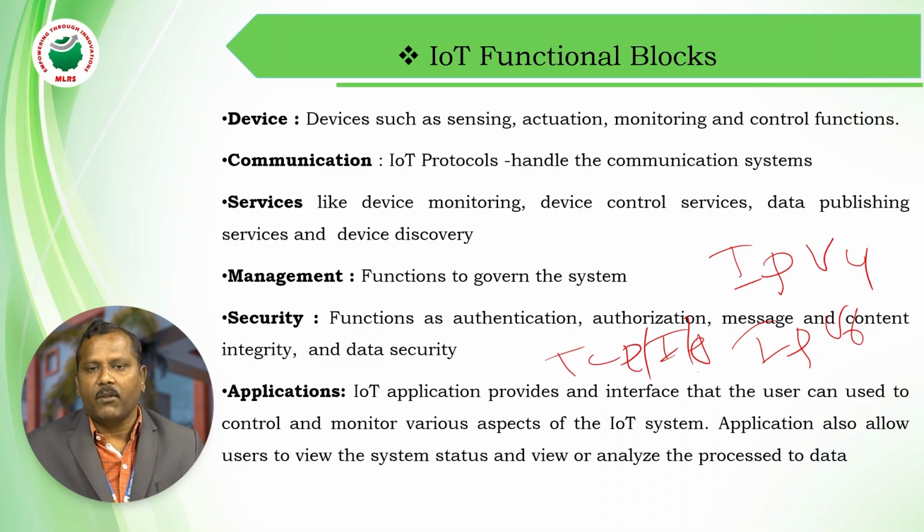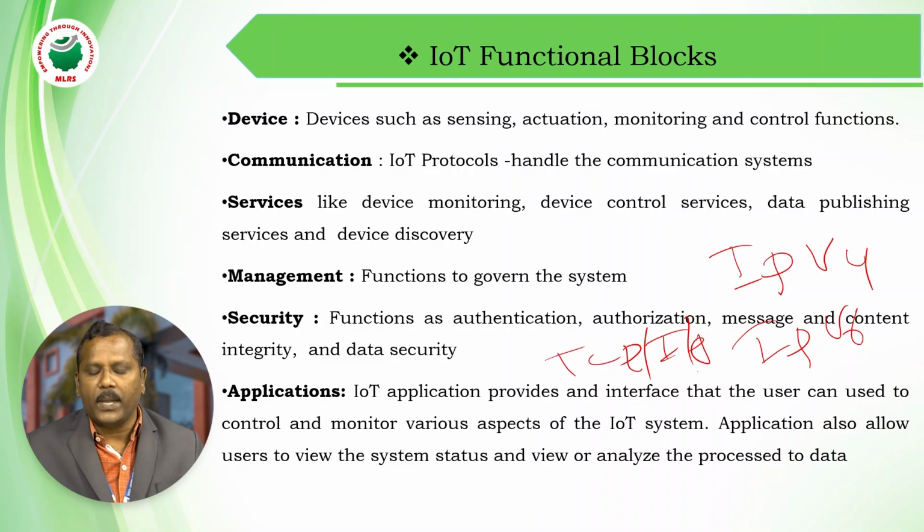Next block is security. The security block provides security for the total IoT system, for example, data security. Only authorized persons and authorized devices can send, transmit and receive the data. So authorization and authentication are also very important in security.